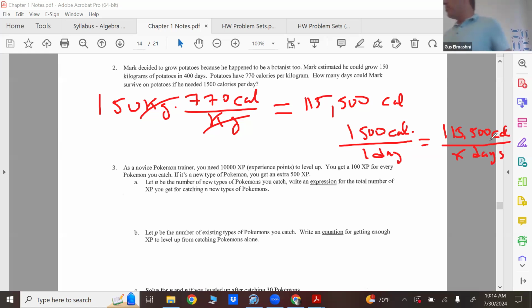So I'm doing some logic, right? I'm realizing this is a ratio and it has to be proportional, right? So for example, 2 days we need 3,000 calories, 4 days we need 6,000 calories, 10 days you need 15,000 calories, and so forth. So if it gets this many calories, how many days can that be? So I would just set up like that.